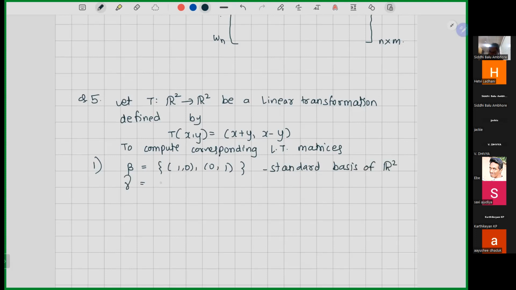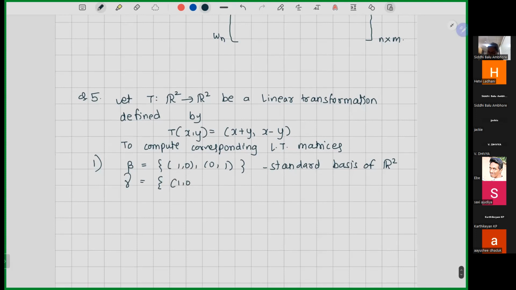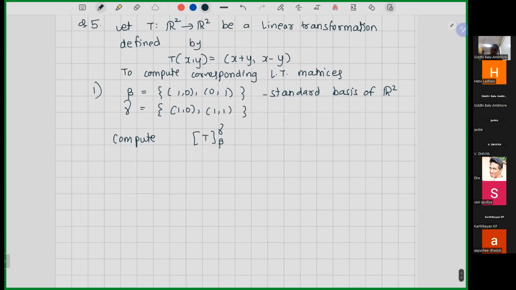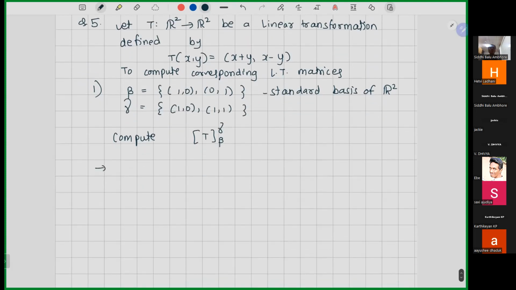And gamma is 1 comma 0 and 1 comma 1. Now what I want to find is to compute T beta gamma.